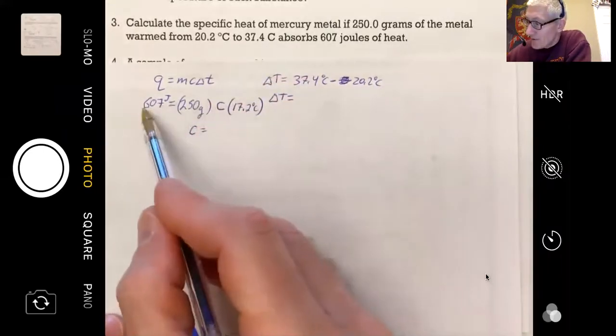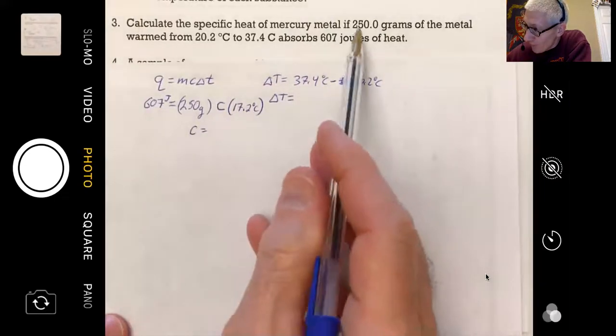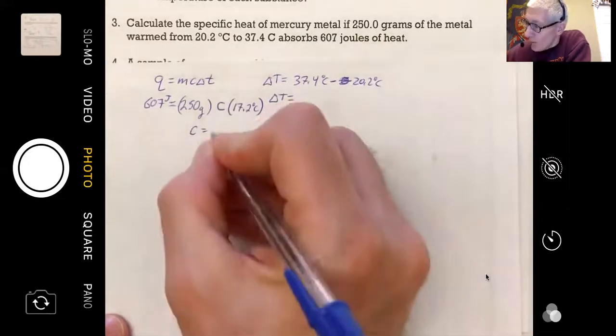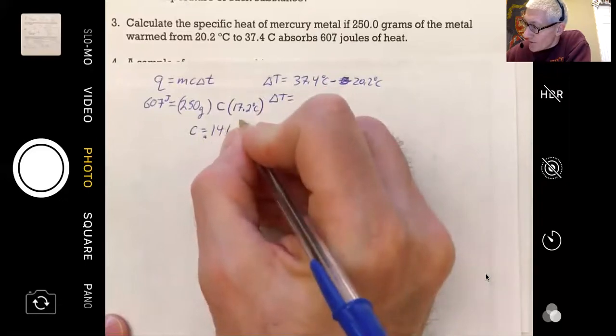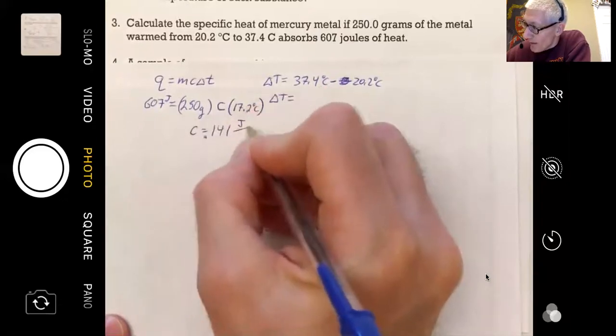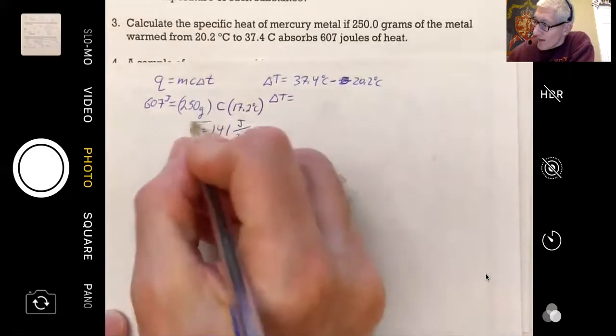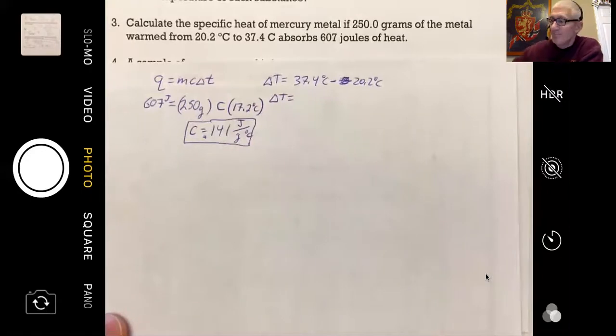I'm going to take it out to 3 sig figs. The units are joules divided by grams divided by degrees Celsius. And so that would be your answer for the specific heat of mercury.